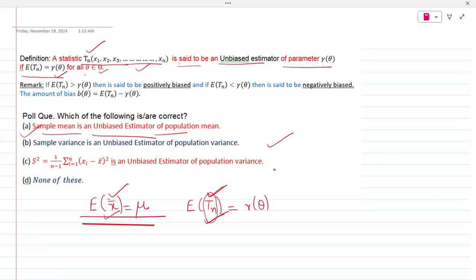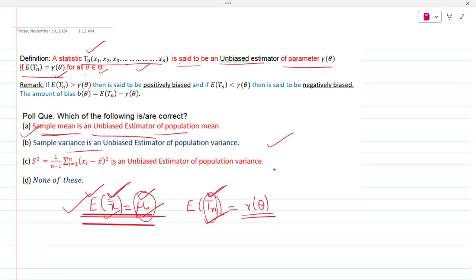And what is our parameter here? Mu. This equation is true, as we proved in the previous lecture. It means that the sample mean is an unbiased estimator of the population mean, because the expected value of the sample mean is equal to the population mean. So the first statement is correct.